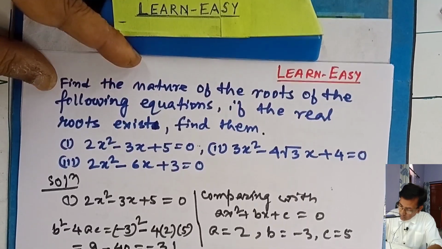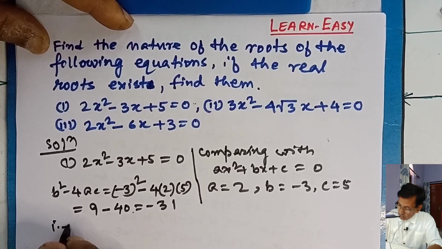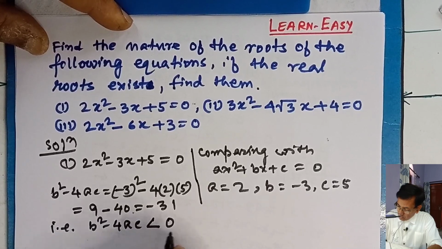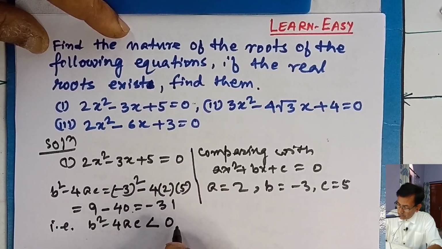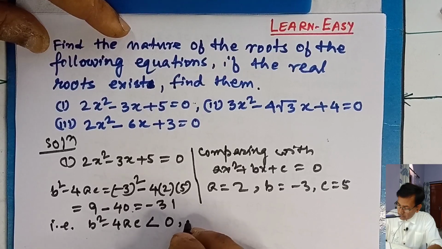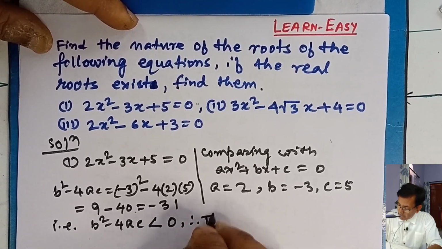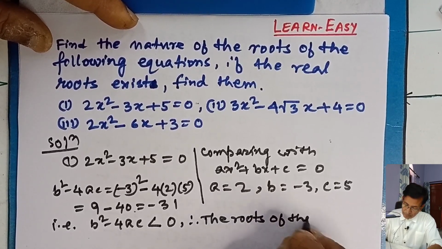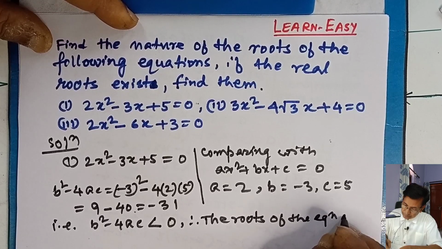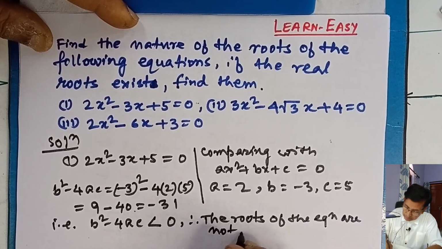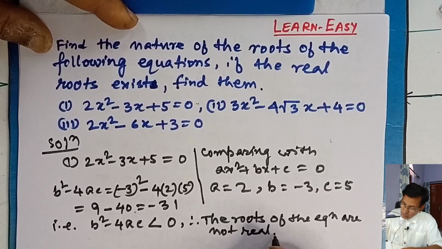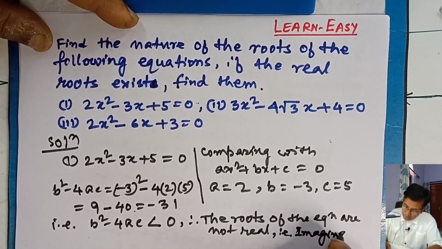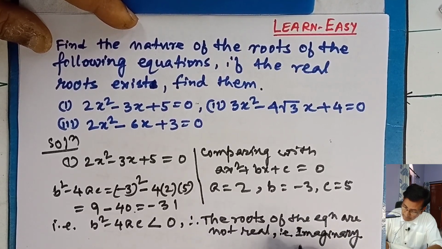That means b square minus 4ac is less than 0. So when b square minus 4ac is less than 0, the roots are not real. Therefore, the roots of the equation are not real, that is imaginary. This is the answer.